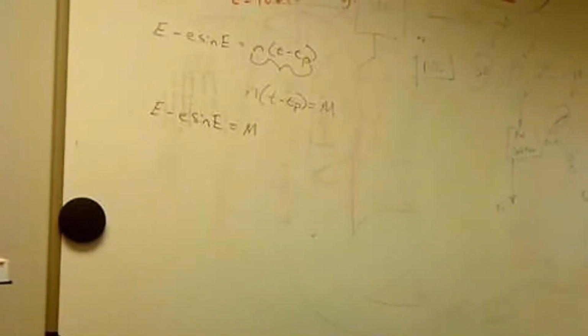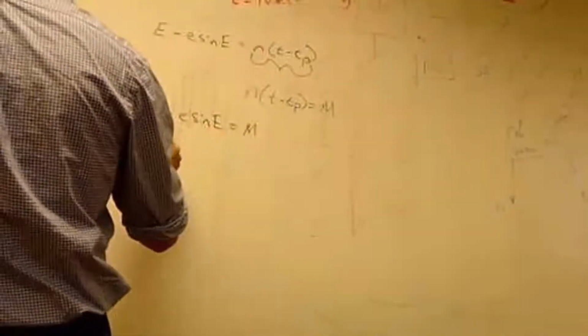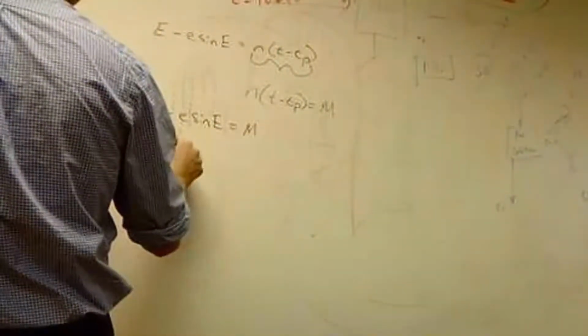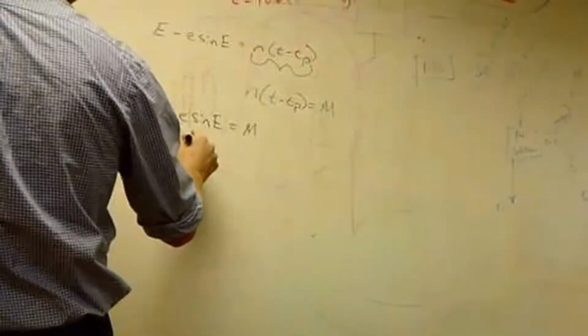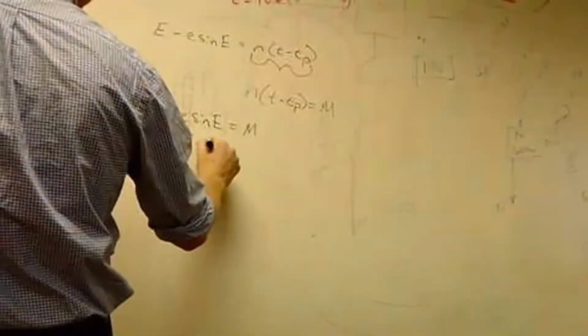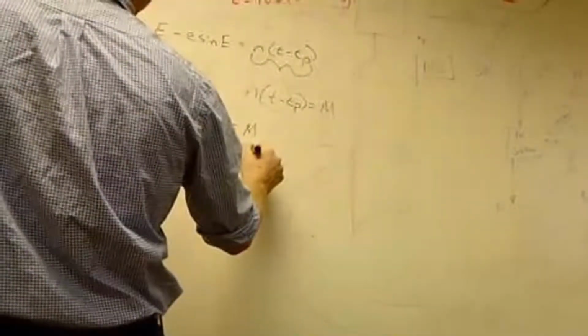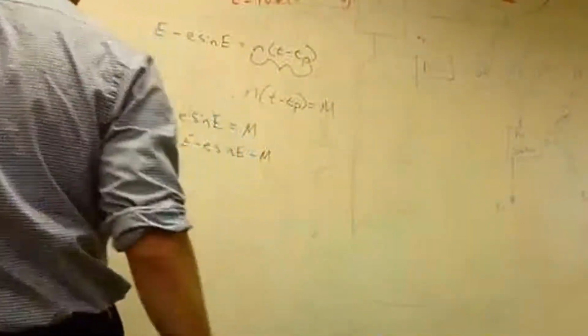So it's a root finding method, right? We're going to use G as our descriptor for how good the method is doing. So G = E - e sin E - M, where e is eccentricity, E is eccentric anomaly, and M is mean anomaly.